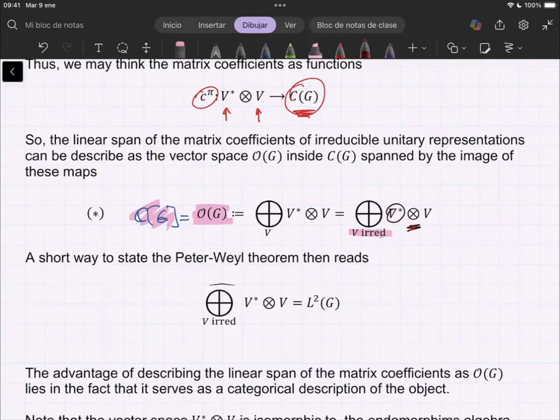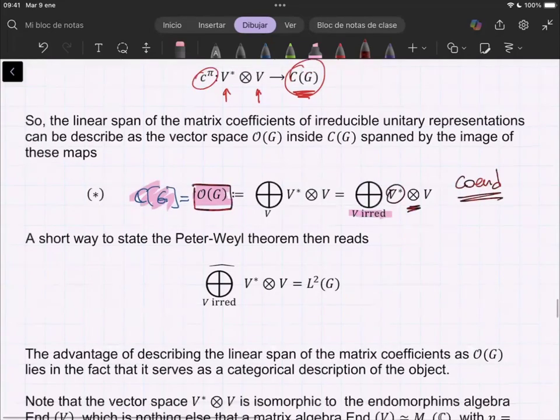If we have all these three ingredients, we can define this object, and it is called the coend of the category.